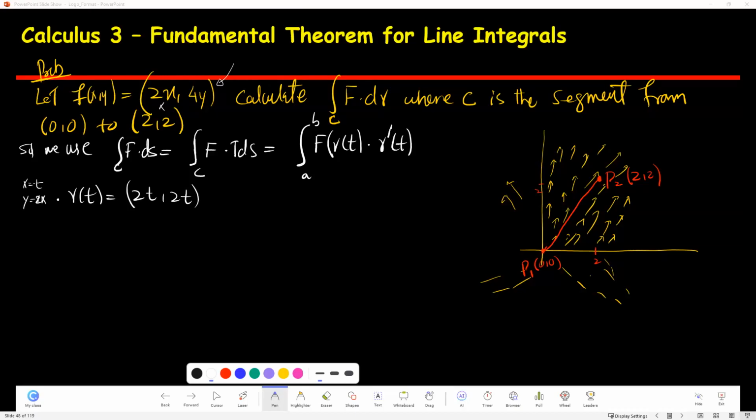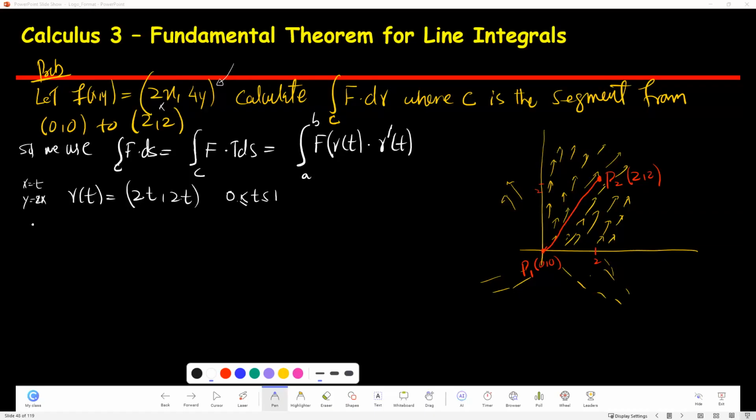The segment goes from t equals 0 to t equals 1. If I substitute 0, I get the first coordinate, and if I substitute 1, I get the other point. So if I substitute 1, it's going to be 2 2, and if I substitute 0, it's going to be 0 0. That's how I got these two values. All right, so we can get this one.